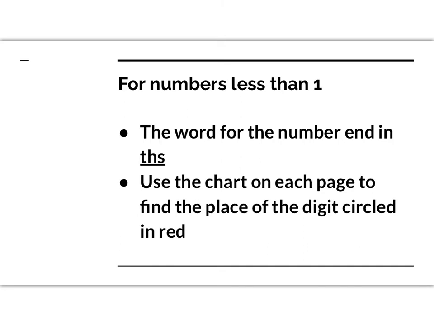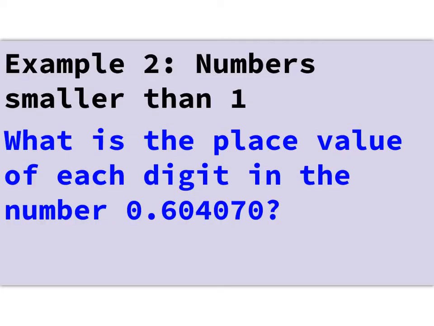Okay, for numbers less than 1, be aware of the THS indicating numbers less than 1. Now I'm going to use a 0 in front of the decimal point to let you know there's no value to the digit in the ones place. A lot of times when you see numbers written, you'll just see the decimal and a bunch of numbers.